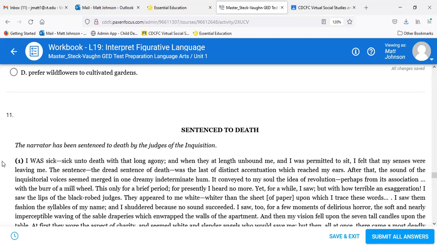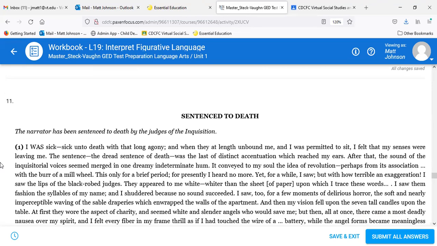I was sick unto death with that long agony. And when they at length unbound me and I was permitted to sit, I felt that my senses were leaving me. The sentence, the dread sentence of death, was the last of distinct accentuation which reached my ears.